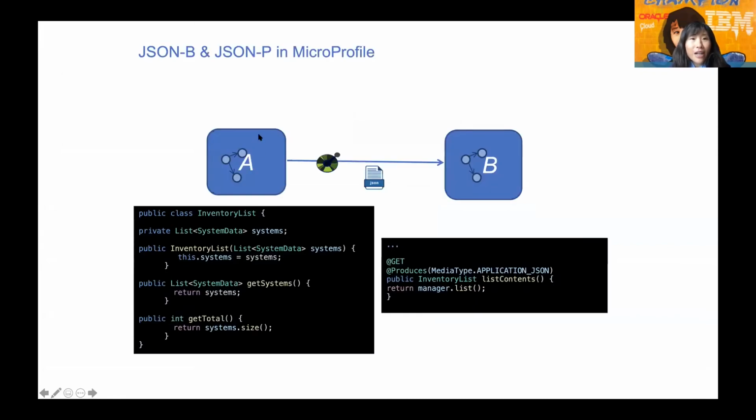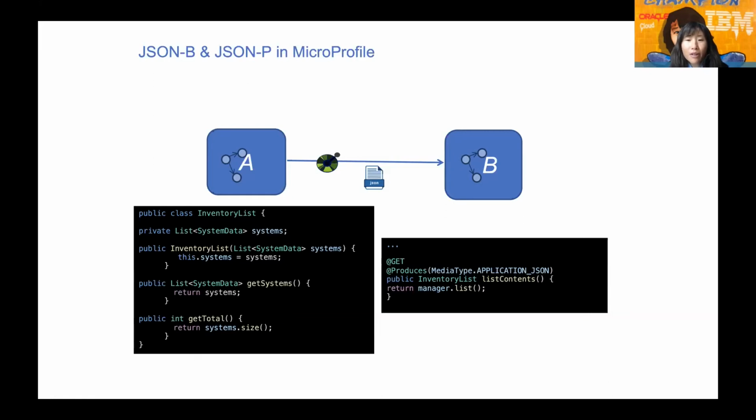So this is another demonstration of how to use MicroProfile JSON-B. Basically, when you create a microservice, you expose an endpoint, a GET operation, and a JSON payload, and then instead of a JSON object, you can directly say a particular object, like in this scenario, inventory list. And then you can use it as normal. You don't even know that this will be a JSON object over the wire.